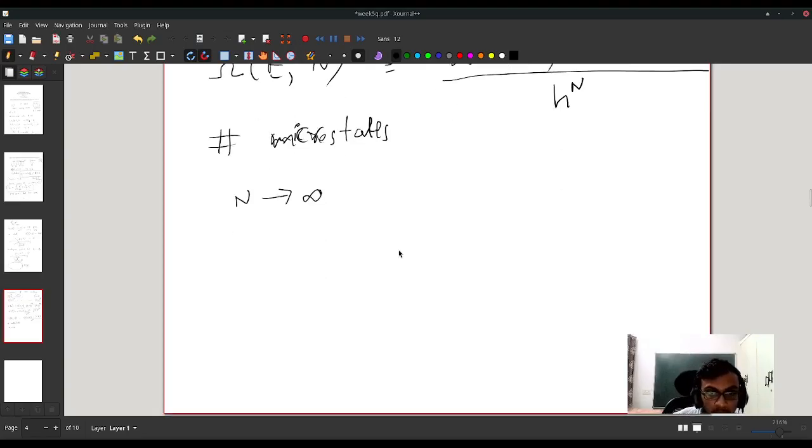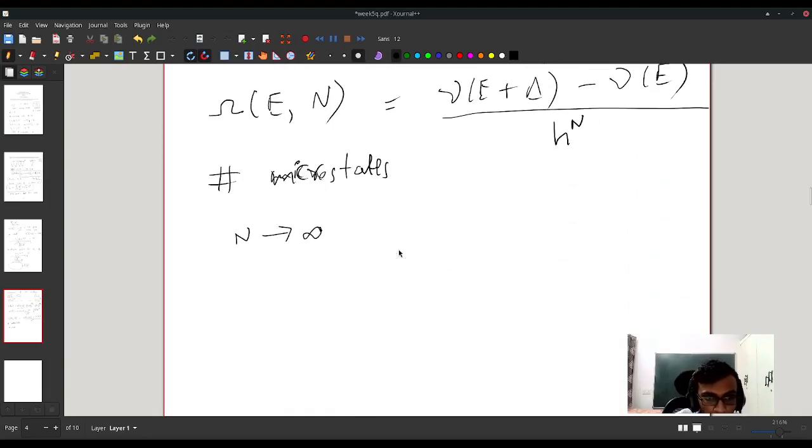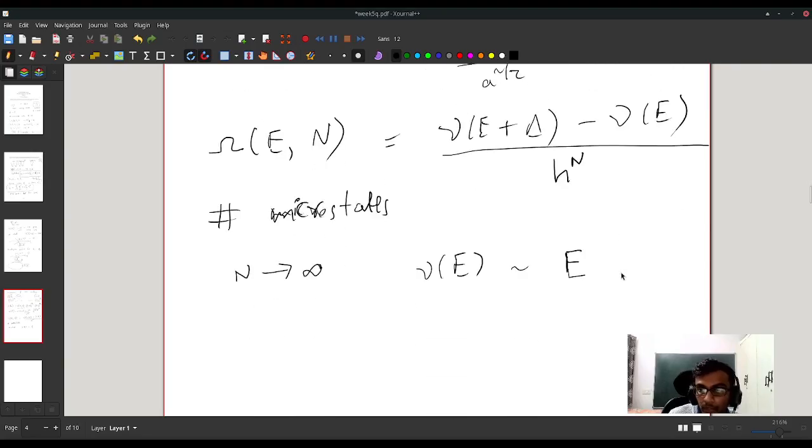Then when we have a bounded volume like this, let's say V of E goes as E to the, let's just write it as some Zn.